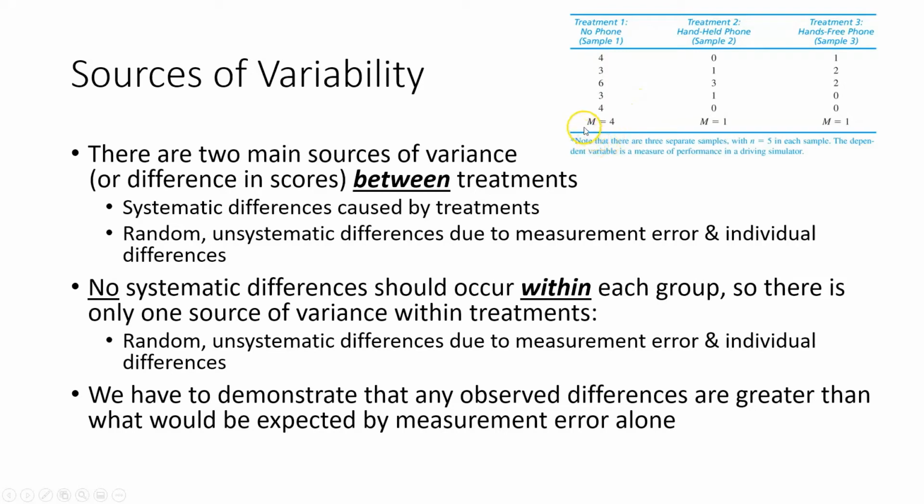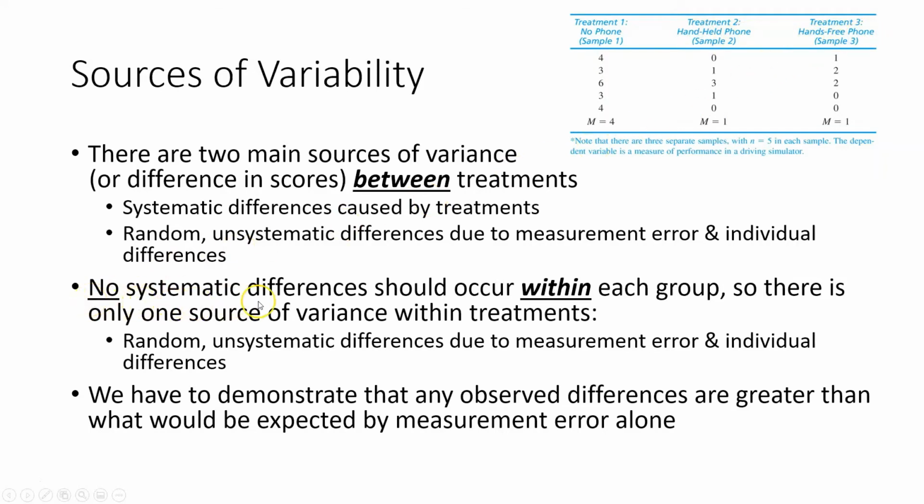And there's just all kinds of random differences between all of these different scores. Those random unsystematic differences contribute to the differences that we see. But we also see that some of the differences are due to systematic differences caused by some people not using a phone, some people using a handheld phone, and some people using a hands-free phone.